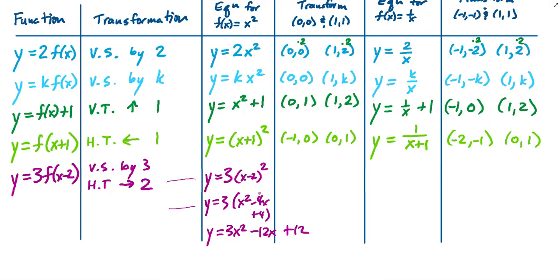This is two transformations applied to the function f of x equals x squared. Sometimes it takes some work to get it into a form that's recognizable. But once you have it in a form that's recognizable, you can see quite clearly what sorts of transformations are being applied.